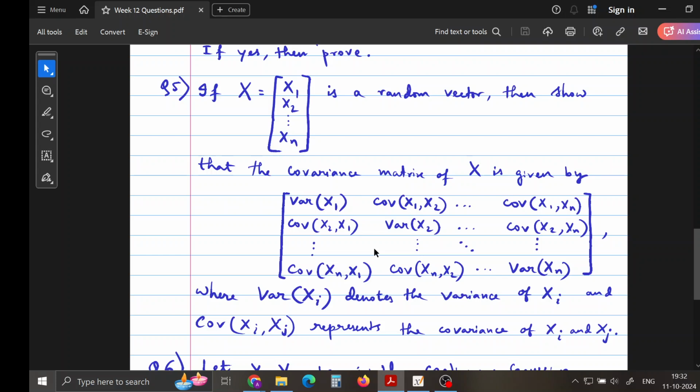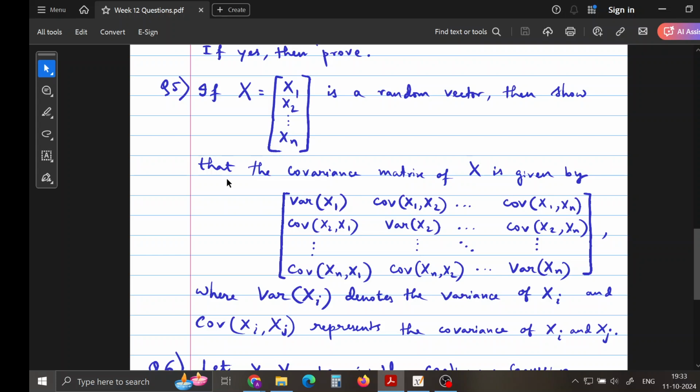Then we have to show that the covariance matrix of this random vector is given by this form. It's a matrix of this form, where var of xi denotes the variance of xi, and cov of xi comma xj denotes the covariance of xi and xj, the standard notations that we have seen before.